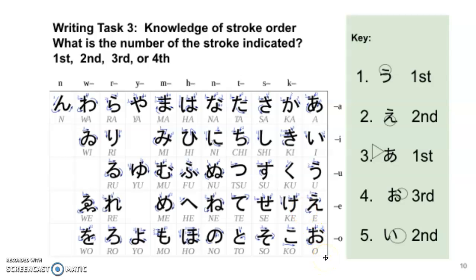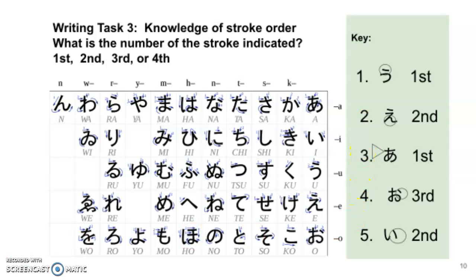On the quiz, one of the strokes of the symbols is indicated, and then the student needs to give me a number between 1 and 4. Is this the first stroke, the second stroke, third stroke, or the fourth stroke? And this tells me whether or not they know the proper stroke order.